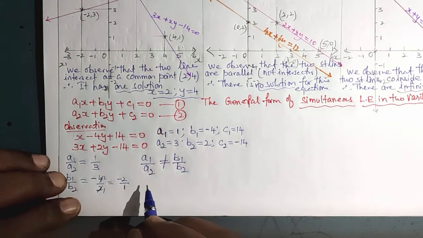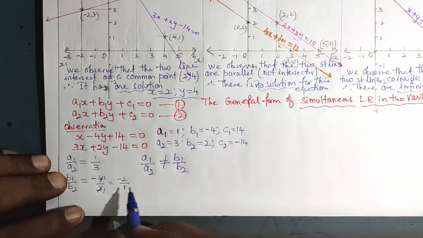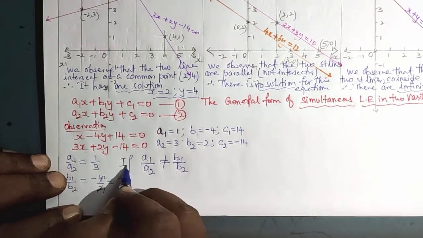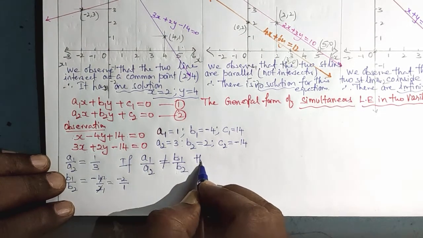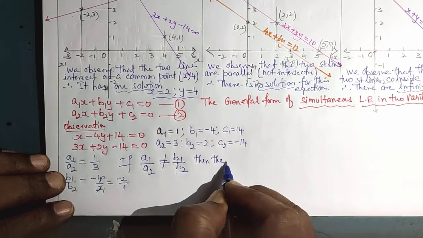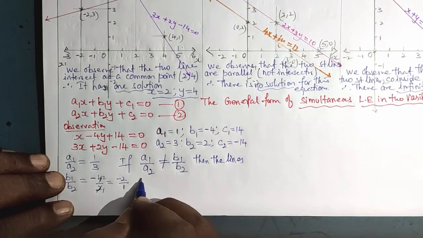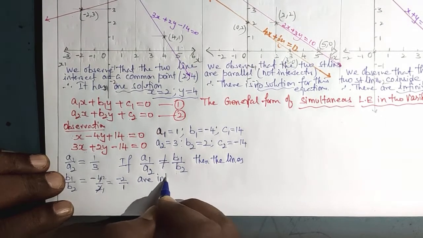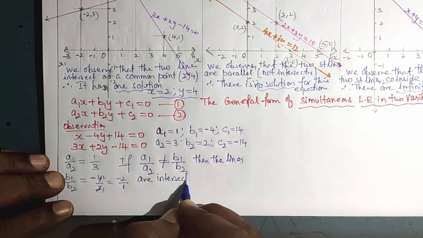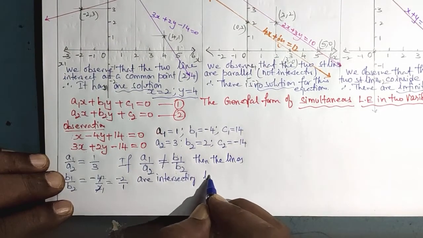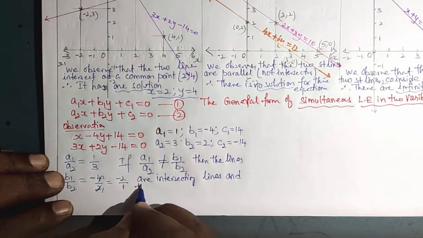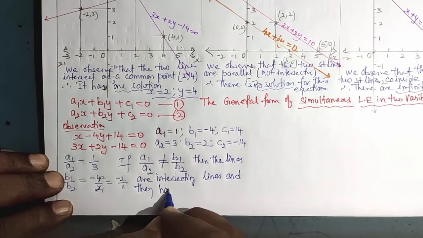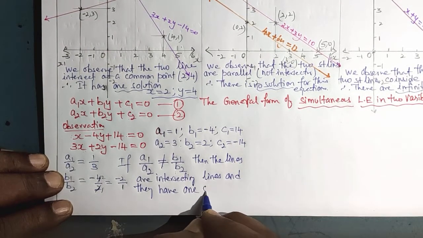So I will write it like this. If a1 by a2 is not equal to b1 by b2, then the lines are intersecting lines, and they have one solution.